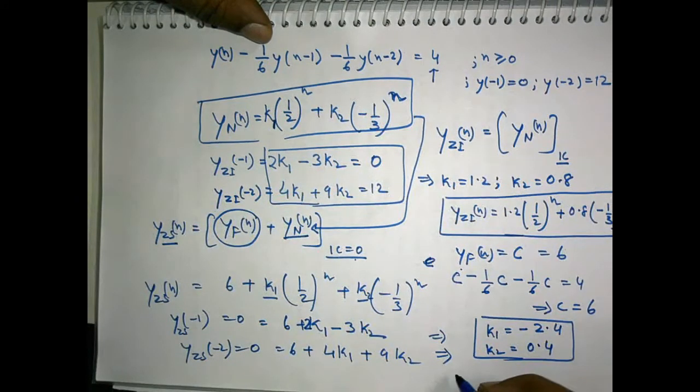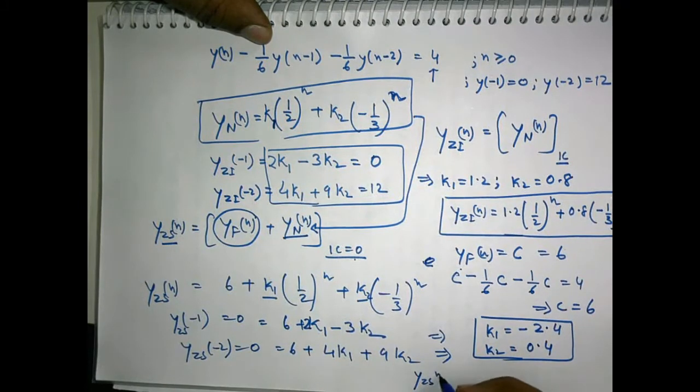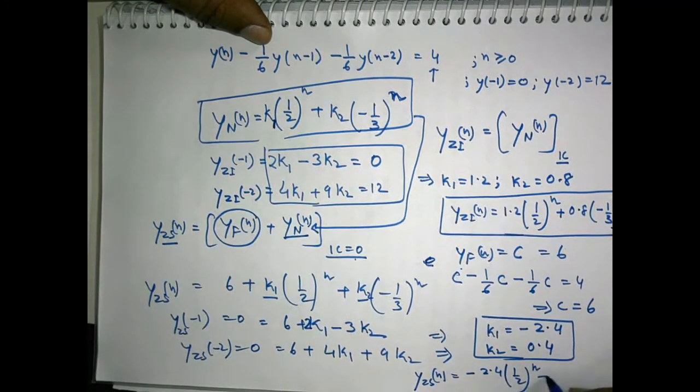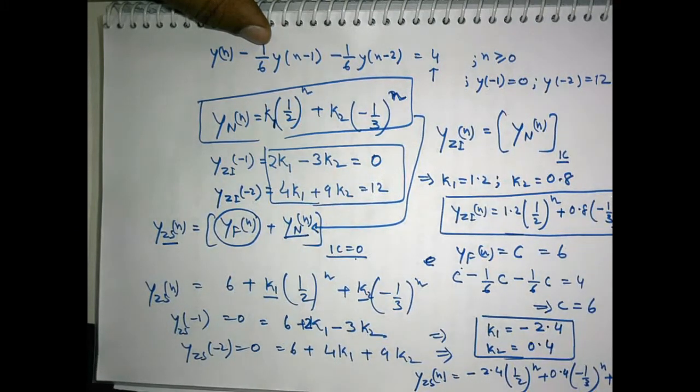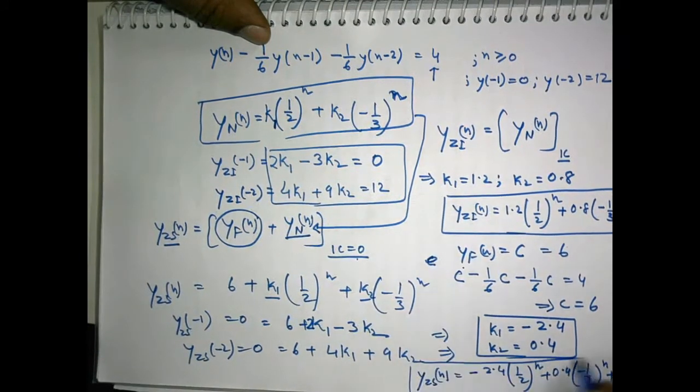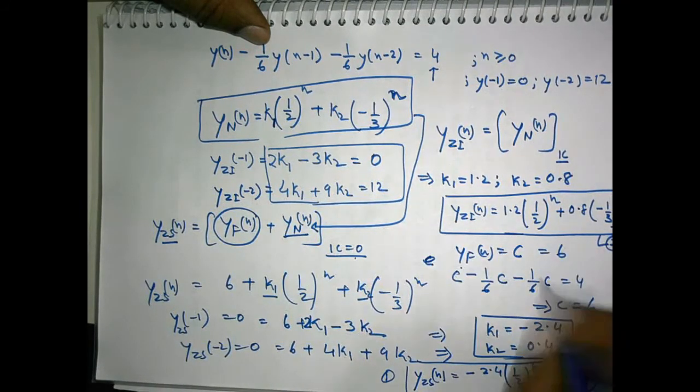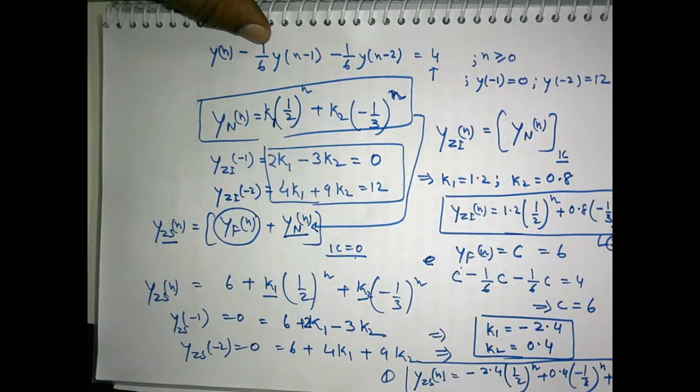So yzsn is equal to minus 2.4 half to the power n plus 0.4 minus 1 by 3 to the power n plus 6. Now say this is equation number 1 and this to be equation number 2, you add them to get the total solution.